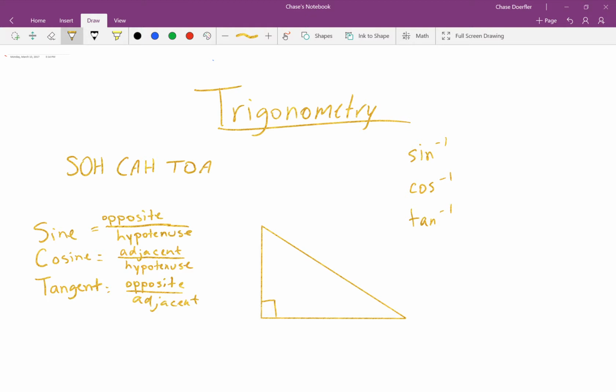So let's just do a Pythagorean triple. We're going to do 5, 12, and 13. And we want to find the value of x. So sine, which is opposite over hypotenuse, so sine -1 of 12 over 13 will equal x.